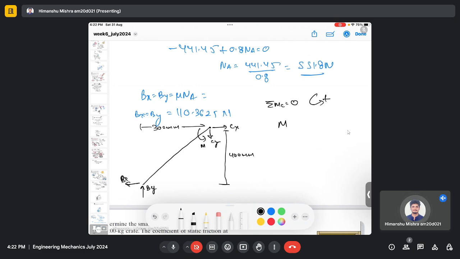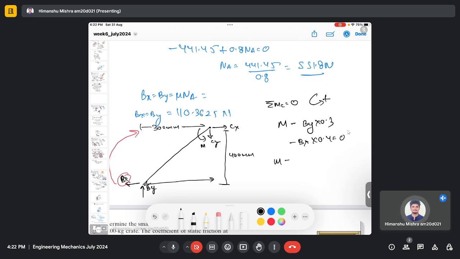Then there will be a moment due to By, and this is the perpendicular distance and it's in the clockwise direction, so it's minus By multiplied by 0.3. Then there will be a moment due to Bx, and if it rotates about C, it will again be in the clockwise direction, so it is minus Bx multiplied by 0.4 equals 0.